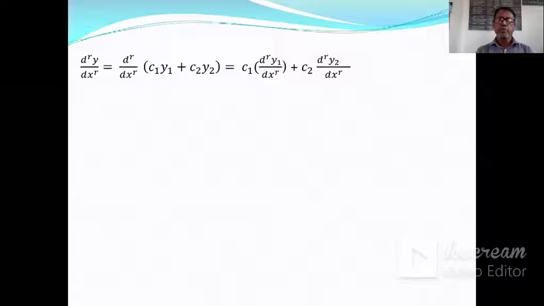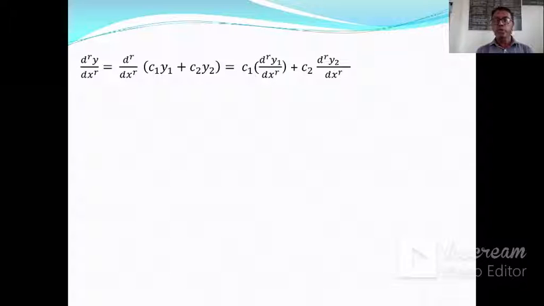Now we see that the rth derivative of c1 y1 plus c2 y2 is equal to c1 times the rth derivative of y1 plus c2 times the rth derivative of y2.